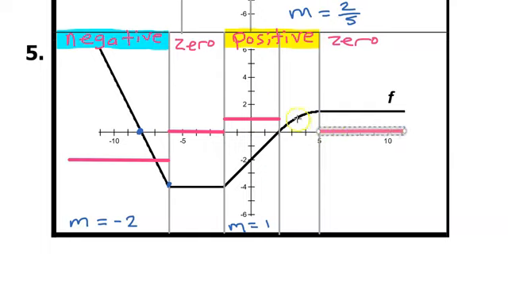So we know that f prime needs to end up at 0 once we get to here. And there are no sharp turns, there are no sharp corners in here. So it should be a smooth transition from this interval to this interval. So that's it. This is a possible graph of f prime.